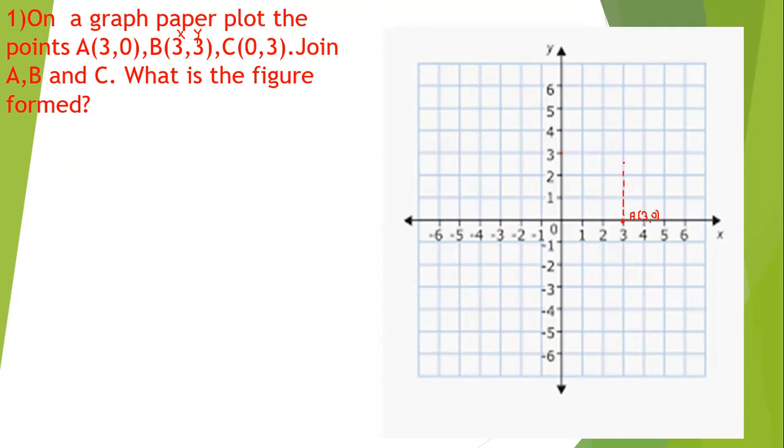So let us move slowly. So here we have a point B. And in the bracket, we will write the coordinates 3, 3.